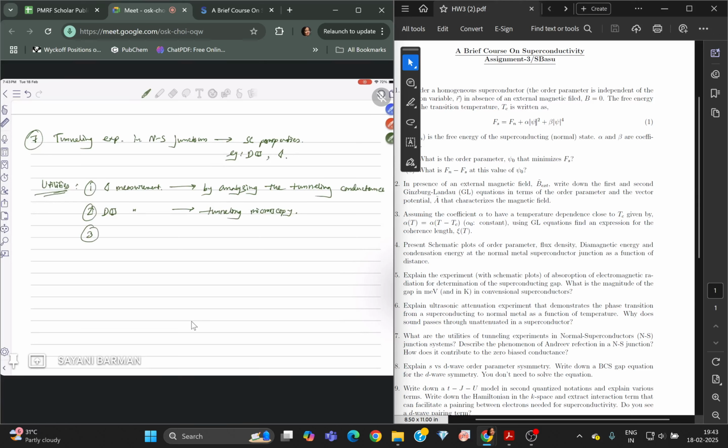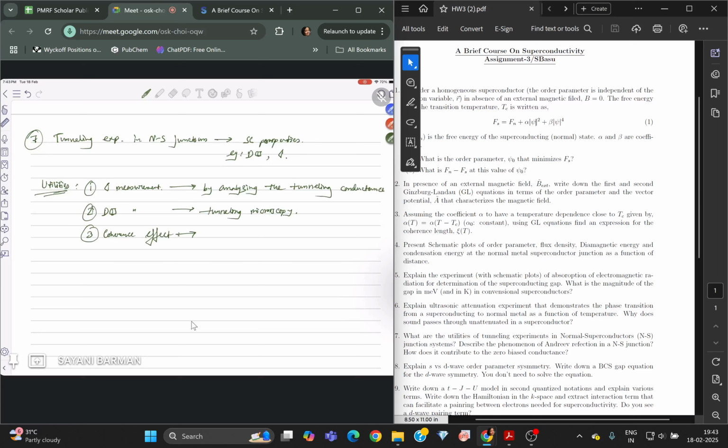Now the third one is the coherence effect. The shape of the conductance spectra helps in understanding the electron pairing mechanism.